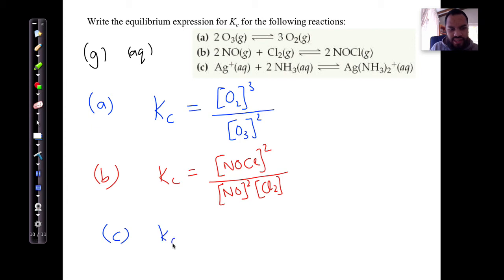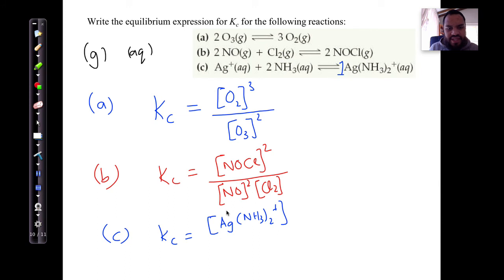Okay, and then let's do C quickly. Again, we write down Kc, and that's equal to the concentration of this ion at equilibrium, which is going to be silver nitrate, NH3 twice, and that's a plus ion raised to the power of 1 because the balancing number over here is 1, as you can see if there's nothing there.